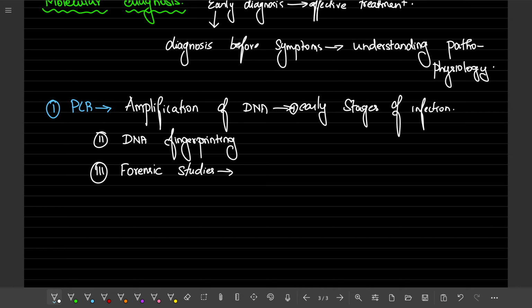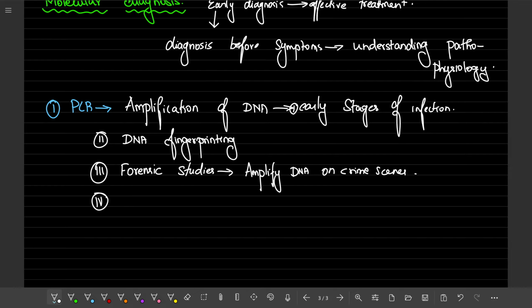In a crime scene, very little DNA is left behind. It could be blood or some tissue, something that has cells in it. You can't test it directly, you need more copies of it. What if you lose it? Because it's very important information. So what is done? PCR is done. So forensic studies use PCR to amplify DNA from crime scenes.